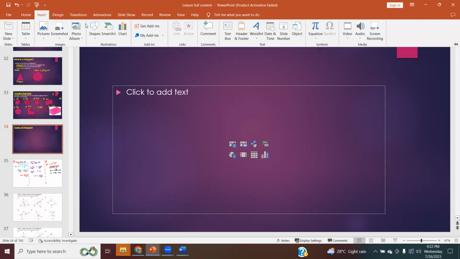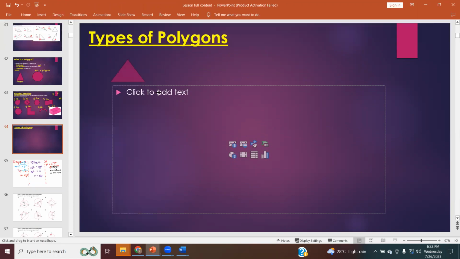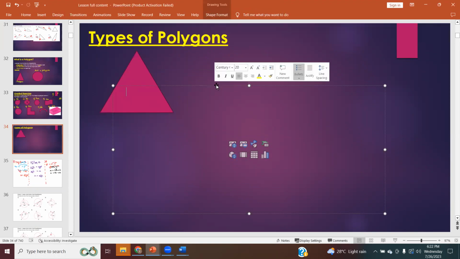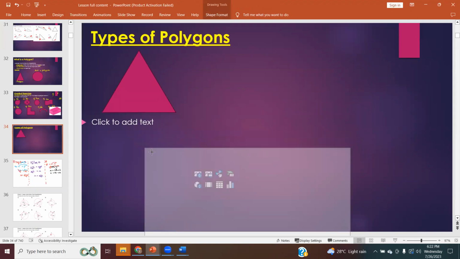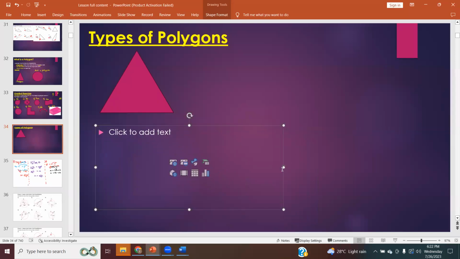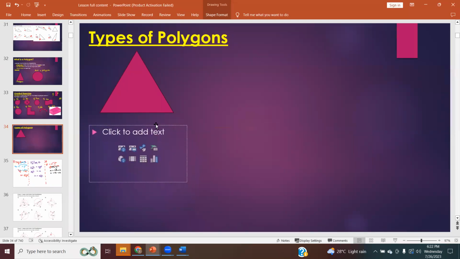The first type of polygon is a triangle. The triangle is the first type of polygon that we could form, because it's the lowest number of sides that we could have. We cannot have a polygon that has 2 sides.